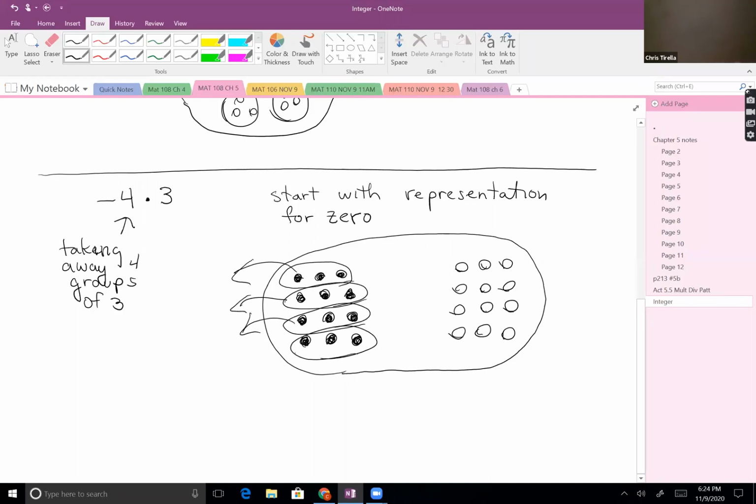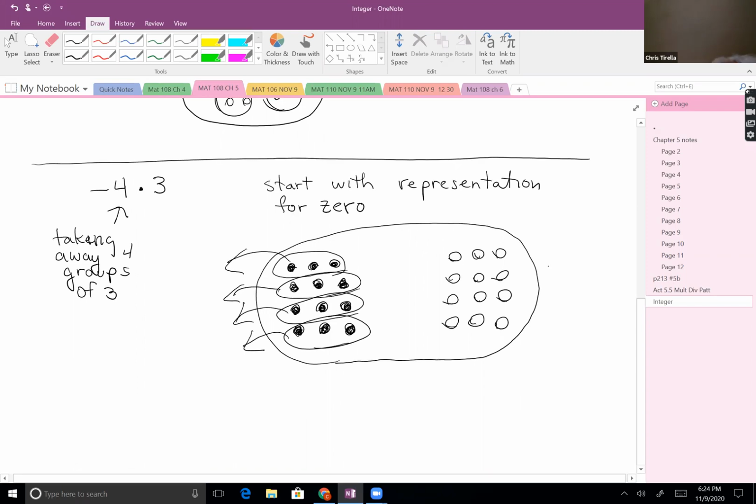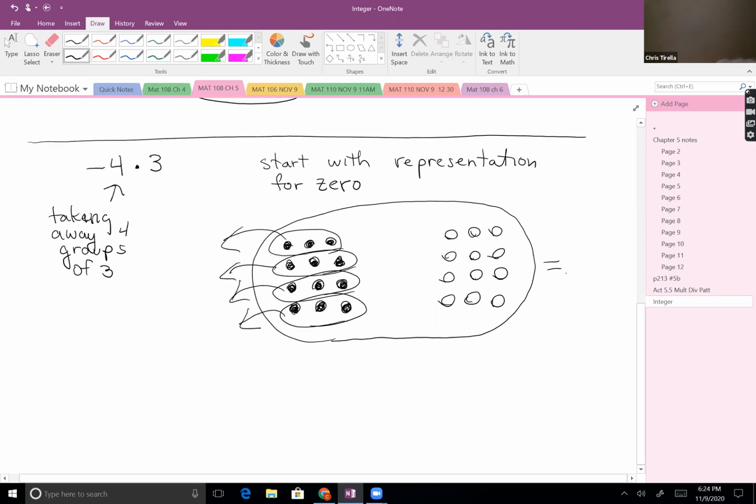And so since we're taking it out, it's like a -4 number of groups. And that would show me, once those are out, that my final result would be -12. So that would be one visual way of, like we did with number patterns on that starting activity, showing that -4 times 3 would be -12.